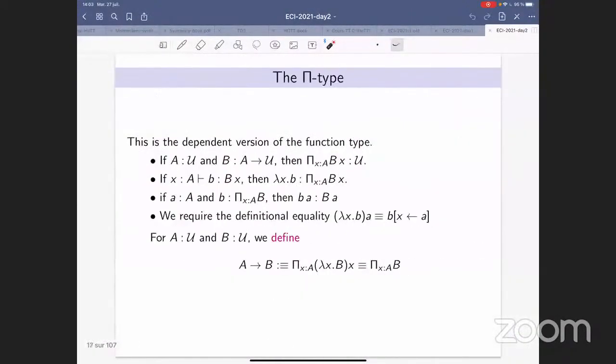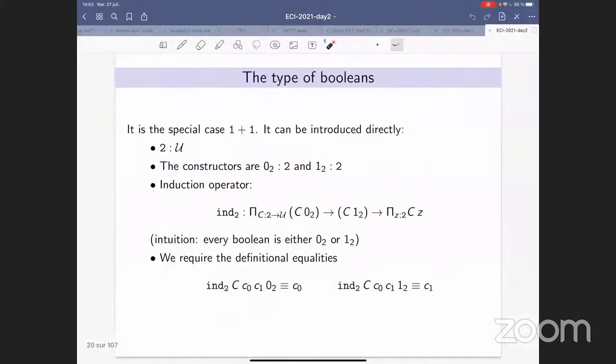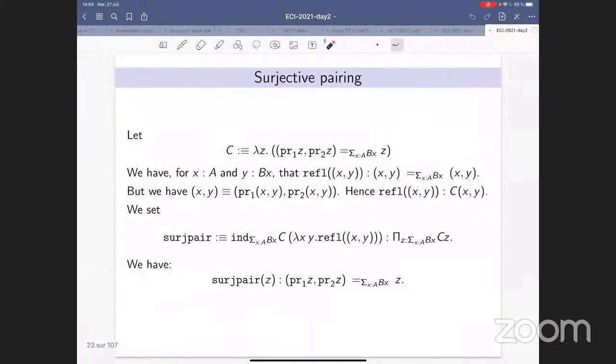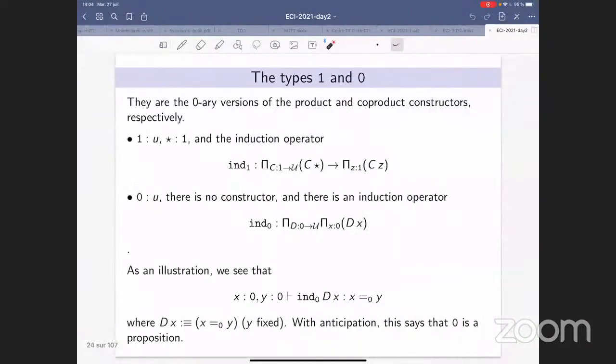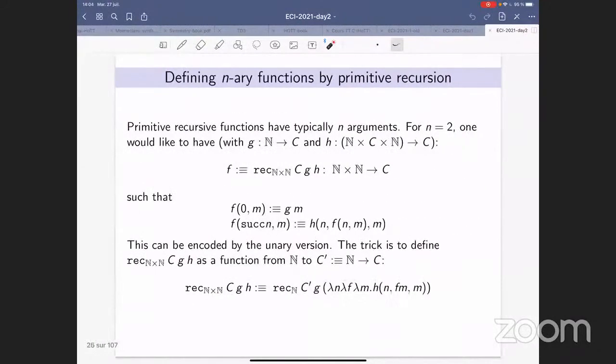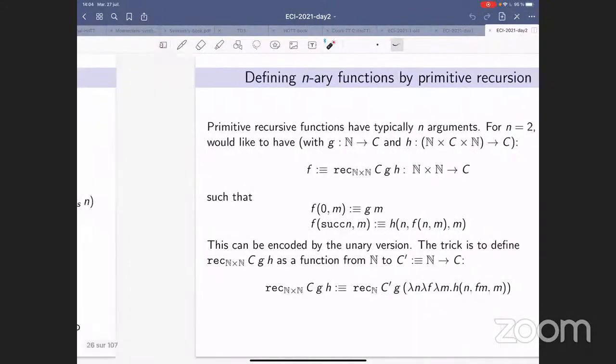I think this is more or less all. Booleans, okay, which are a special case of coproducts. Yes, and also two special types, 1 and 0, which are somehow the zero-ary versions of the product and the coproducts, okay? And okay, natural numbers, as I just said. And this is essentially what we did yesterday.